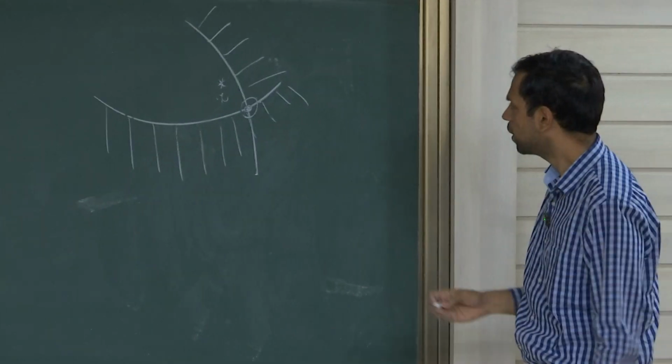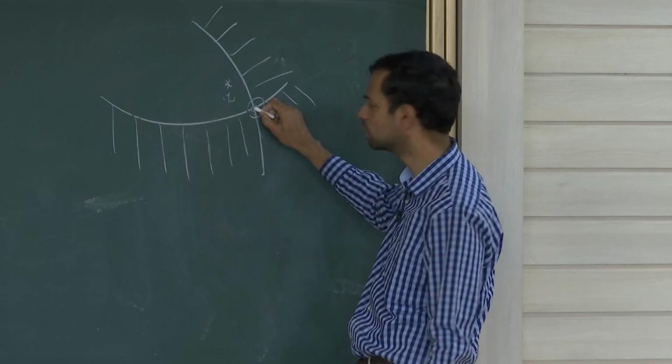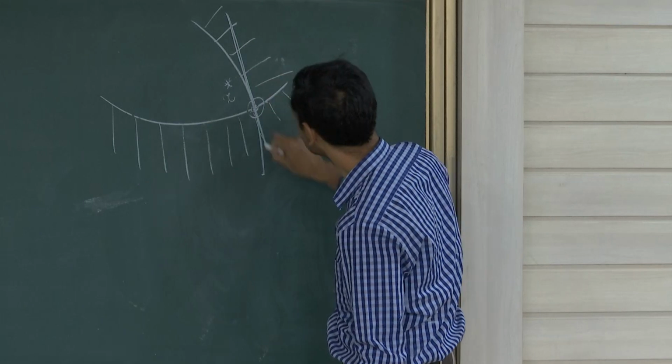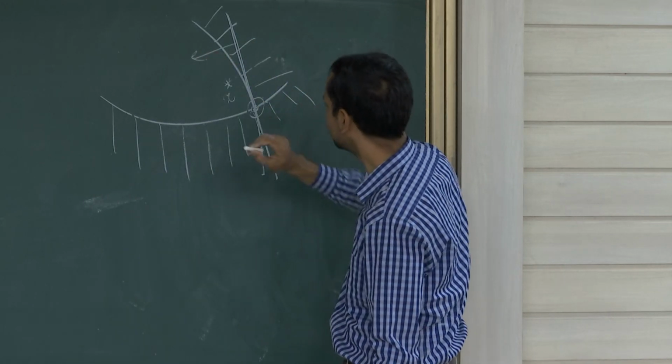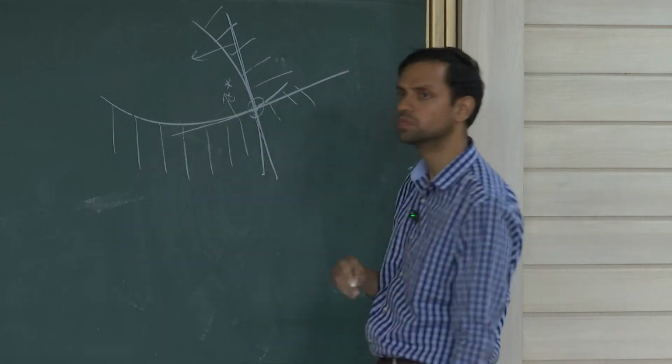If I look at the linearizations here, I will get a linear constraint like this and a linear constraint like this.